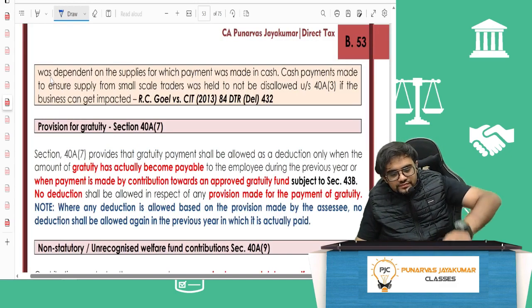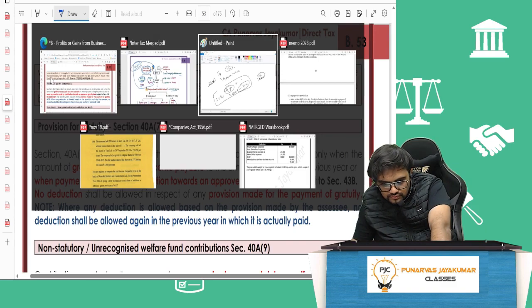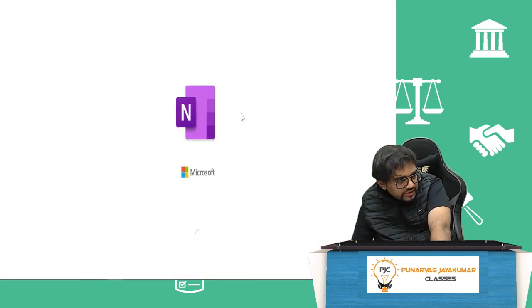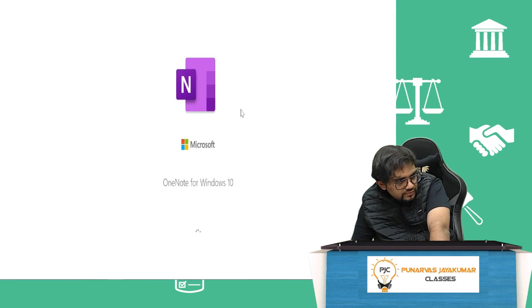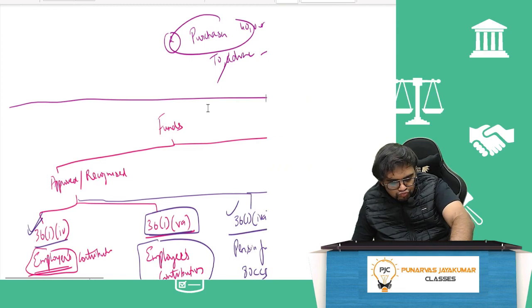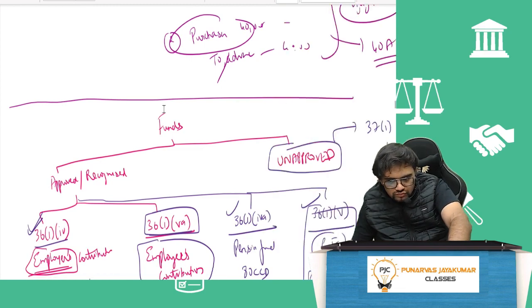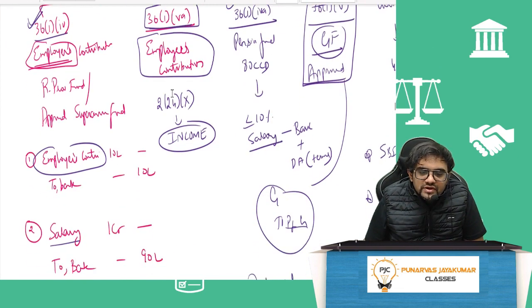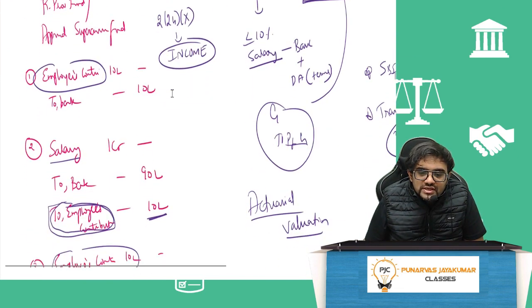So if you see, employer's contribution, recognized provident fund, approved superannuation, all these things are there. Employer's contribution 10 lakh to bank.